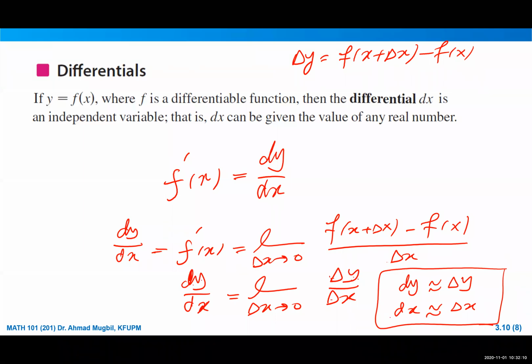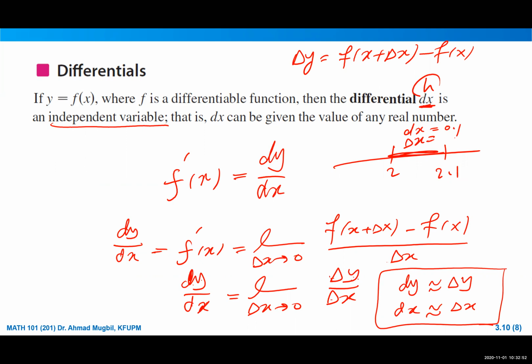If this is a differentiable function, then the differential dx can be considered as an independent variable that can be given any real number. It does not depend on x or whatever. It is h. So if you have here 2, and this is 2.1, then h here, or delta x, which is dx approximately, is equal to 0.1.